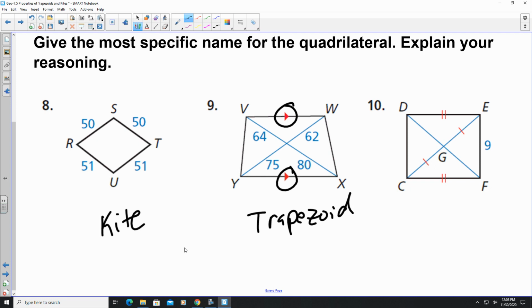So that doesn't make it a trapezoid. So I'm going to say right now that this is just a quadrilateral. They don't give any other indication that it would be otherwise. And that is being able to look at properties of trapezoids and kites. I hope this helps. Till next time.